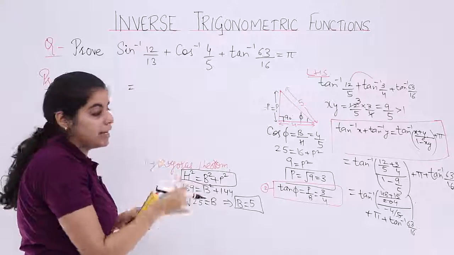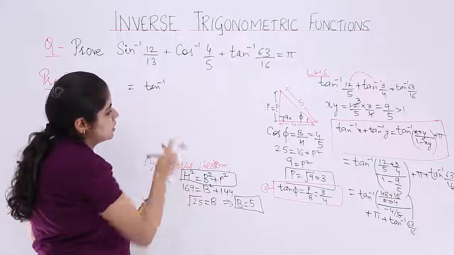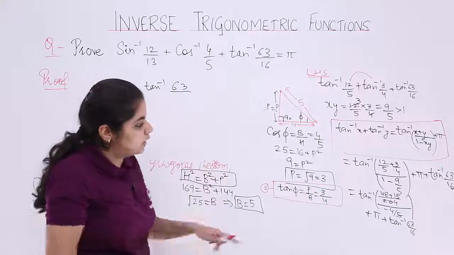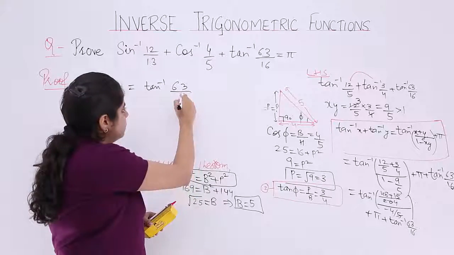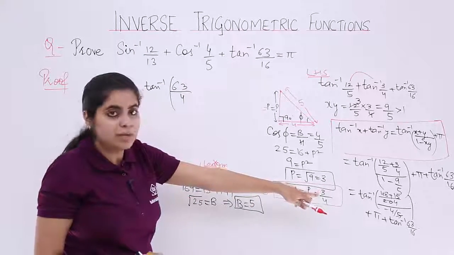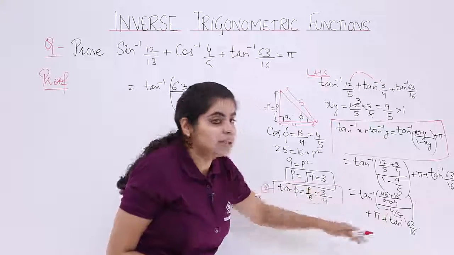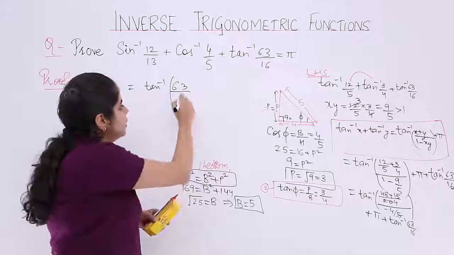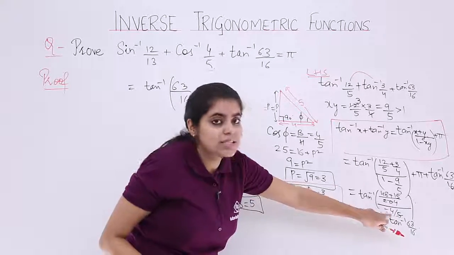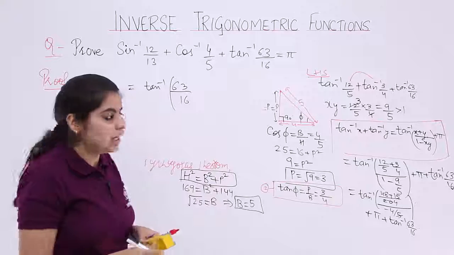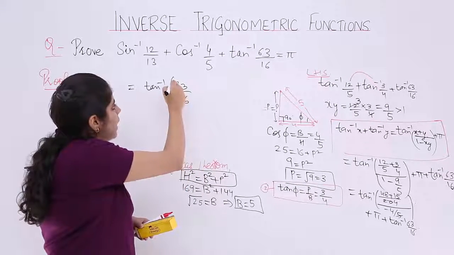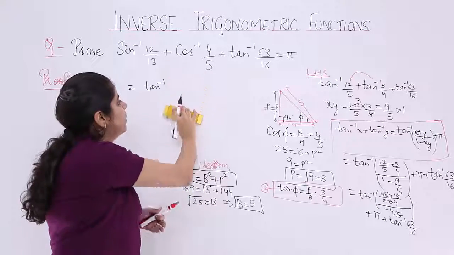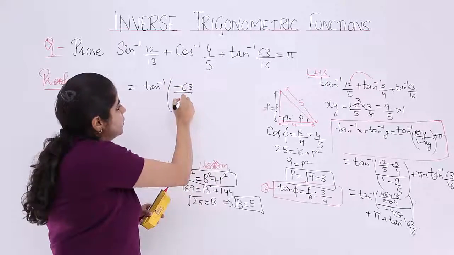It is tan inverse of 48 plus 15, which is 63, upon 4. It is divided by minus 4, so 4 into 4 becomes 16. The negative sign in the denominator shifts to the numerator, so it becomes minus 63 upon 16. Either write it in the numerator or the denominator, your wish. I write it in the numerator.